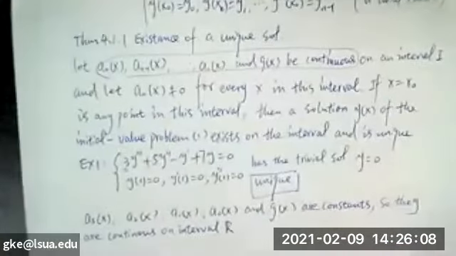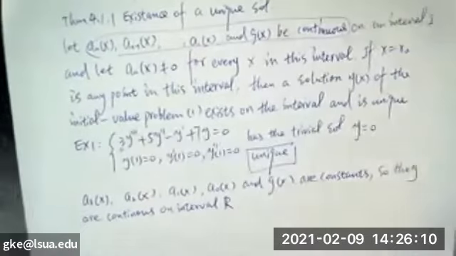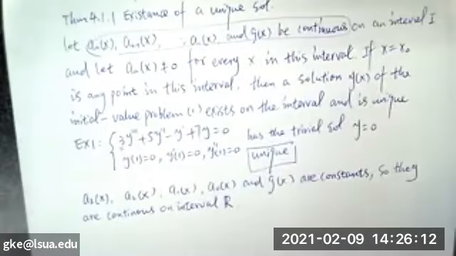A constant function is a horizontal line, always continuous, right?